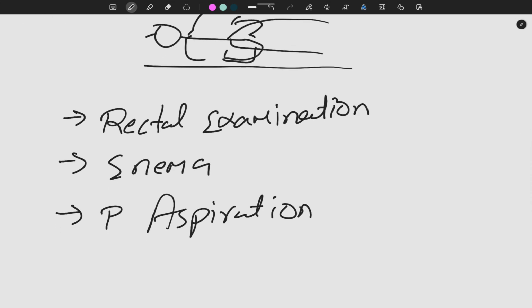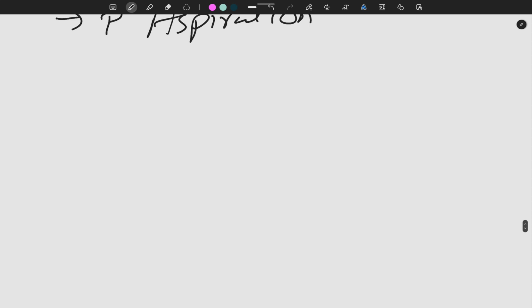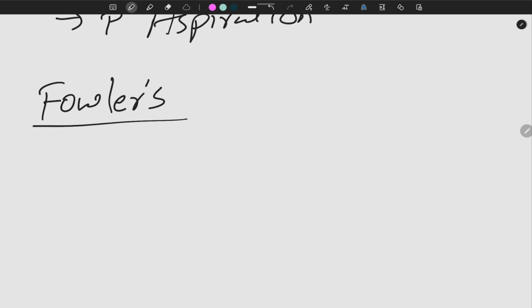And the next one is Fowler's position. In Fowler's position we have low Fowler's, semi Fowler's and high Fowler's.